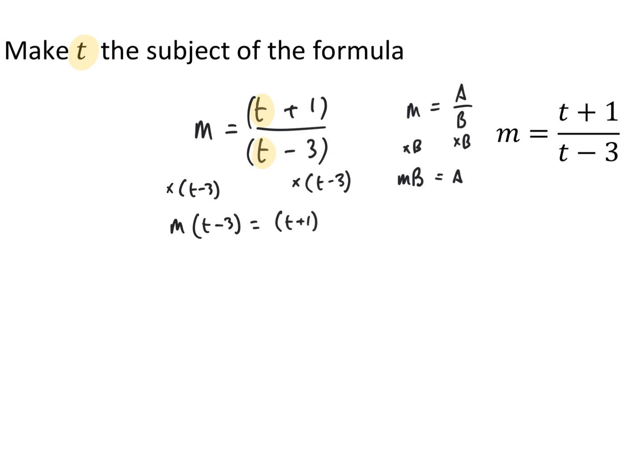Dividing by t minus 3 and multiplying by t minus 3 are going to have no effect on the t plus 1. They're going to leave it as it is. Right, now we've got rid of the fraction, but now the t's are on two sides. So just like the previous examples, I'm going to multiply these brackets out.